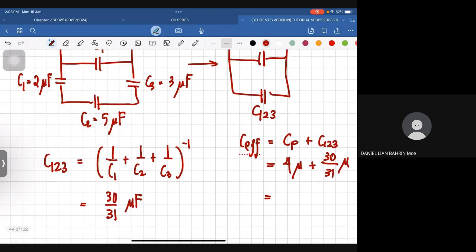So you will get the effective capacitance to be equal to 5 microfarad. Okay, ada masalah di sini? Dia round off je, yang dia sepatutnya 4.96 kan, tapi dia round off je, pergi 5.